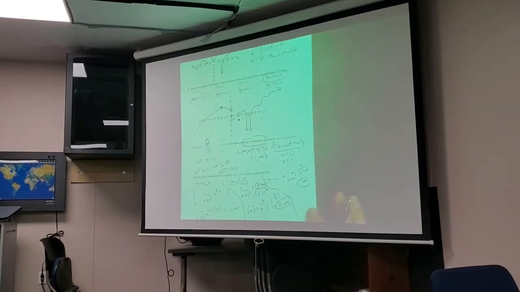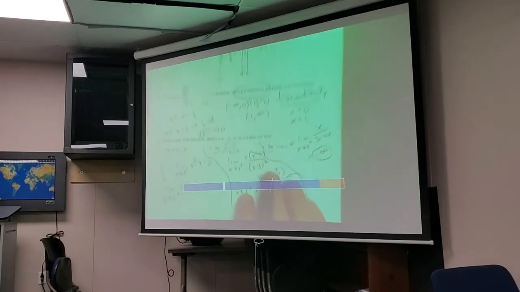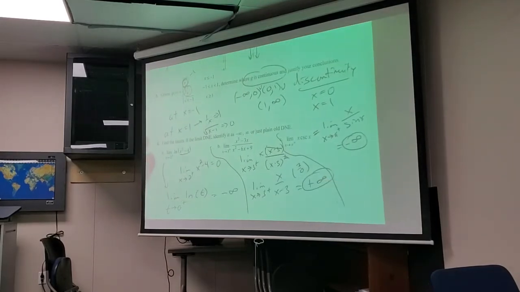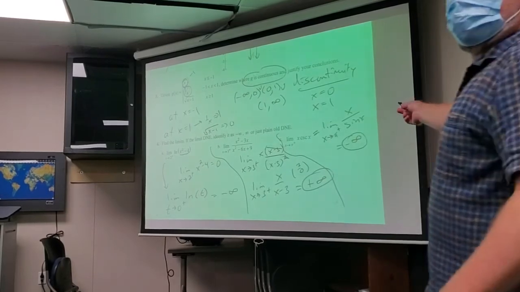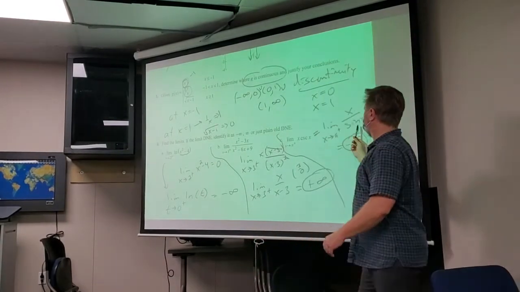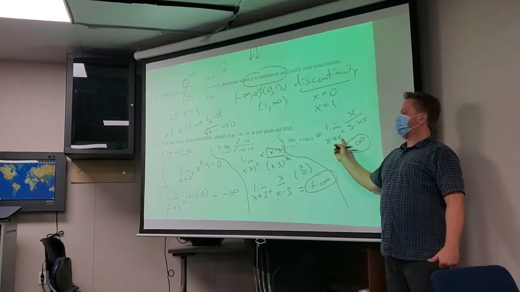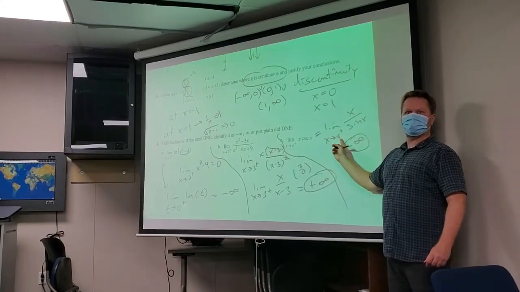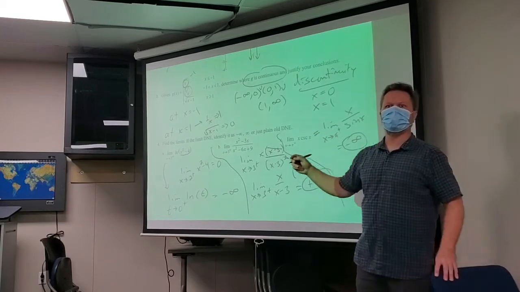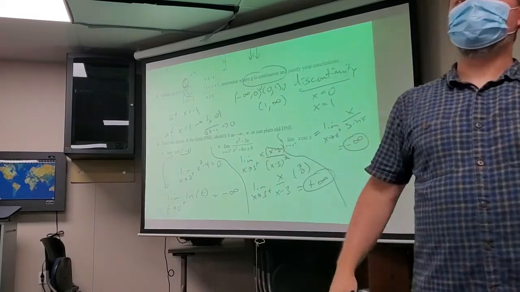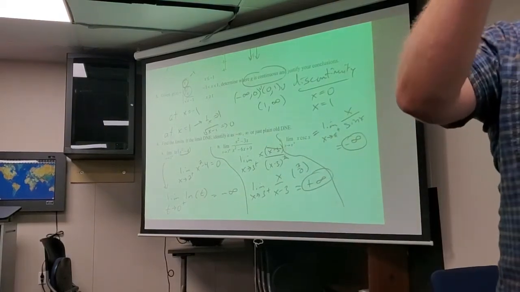Why is this negative infinity? Because, what does this mean? My inputs, how are they related to pi? What does that plus sign mean? Greater than pi. So all my inputs are bigger than pi.